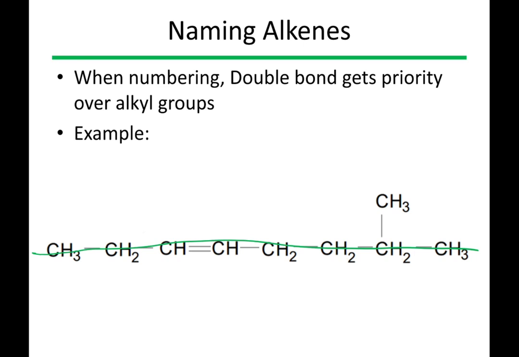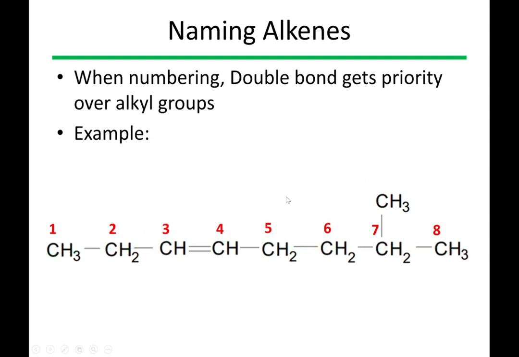When we're in the numbering, if we number from this end, we'll get the smallest possible order from the double bond. Whereas if we ordered from the other end, 1, 2, 3, 4, 5, 6, 7, 8, we'd get a lower number for the alkyl group, but this is incorrect because we want to minimize the number for the double bond.